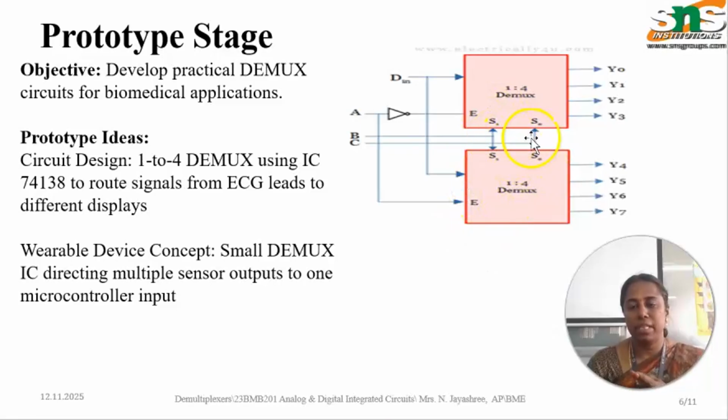For example, if the select lines are 2, 2 squared is 4. Similarly all of this comes in the 1:4 DMUX. Here two demultiplexers are connected in parallel, which gives the particular patient multiple outputs.